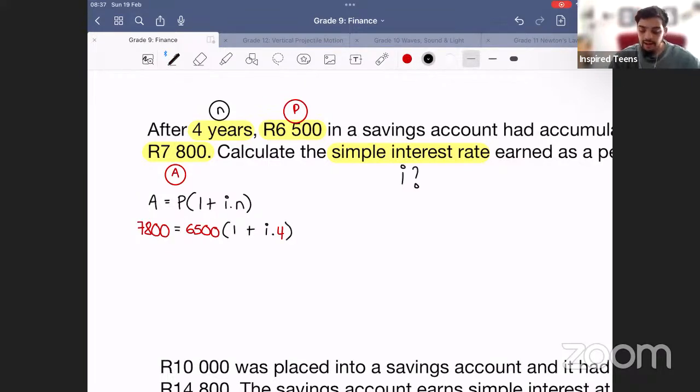I'm writing out the formula even though A is not what we need to calculate. I have certain unknowns and certain knowns. My unknown is, of course, the interest. In this case, I know the answer to this calculation; I just don't know one of the variables within it. So now I need to manipulate the formula.